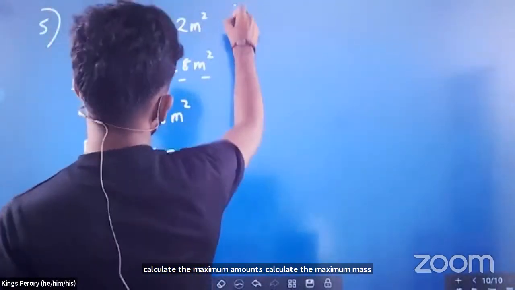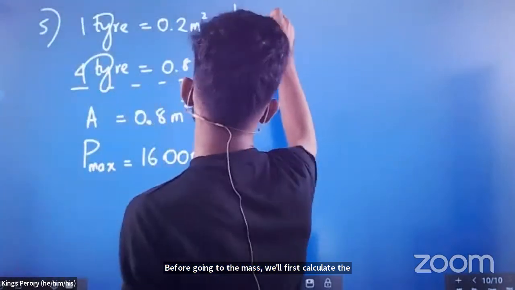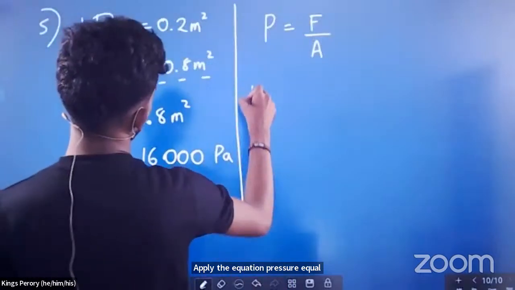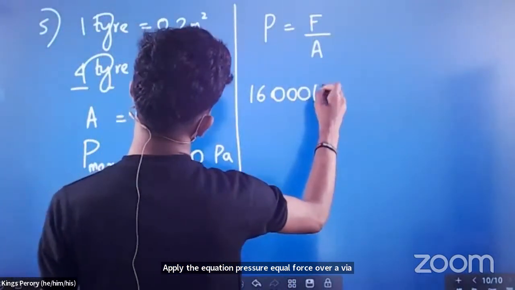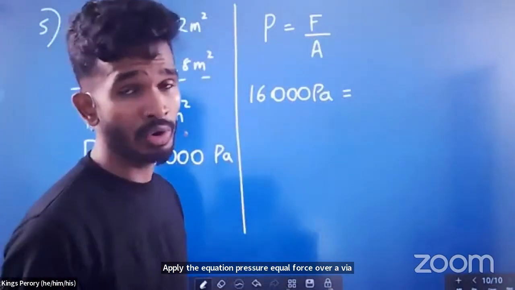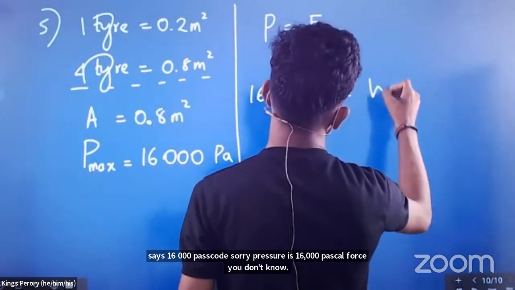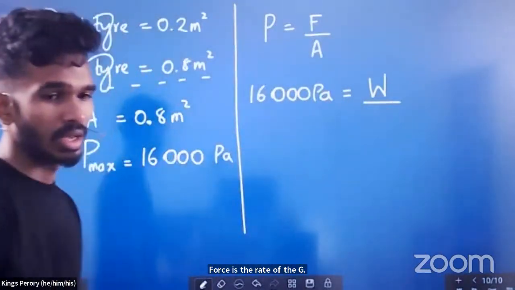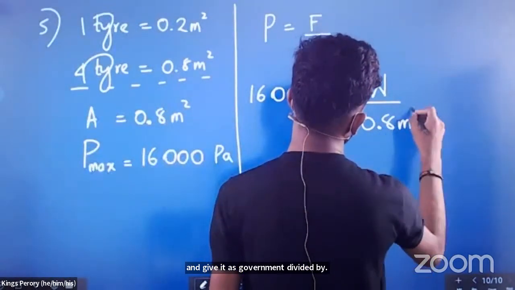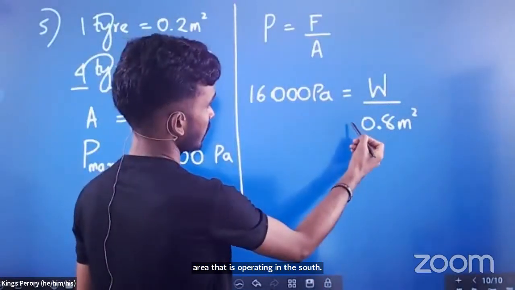Before going to the mass, we'll first calculate the weight. Apply the equation. Pressure equals force over area. Pressure is 16,000 Pascal. Force you don't know. Force is the weight of the Jeep. I'll keep it as W divided by area, 0.8 meter square.